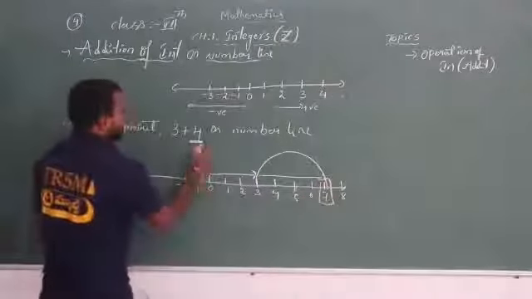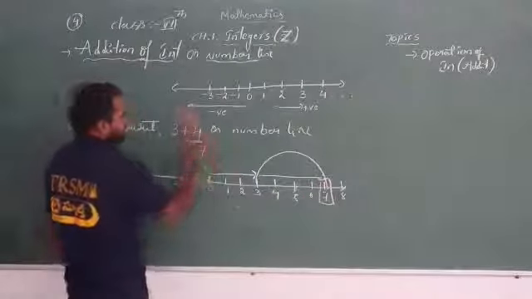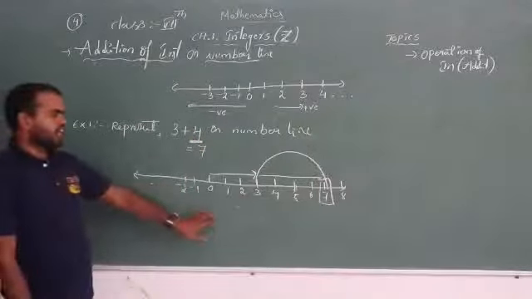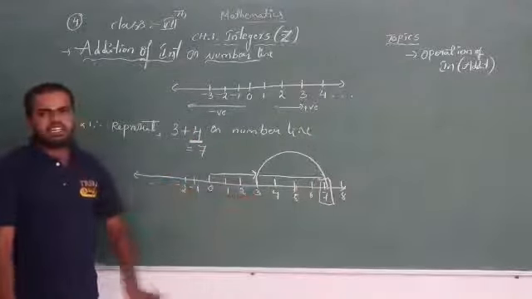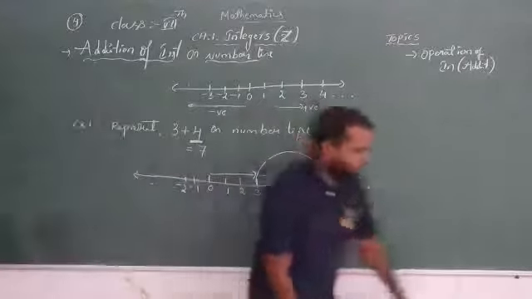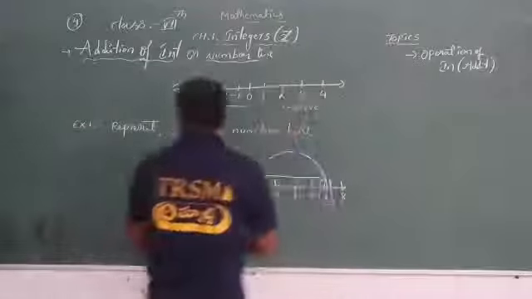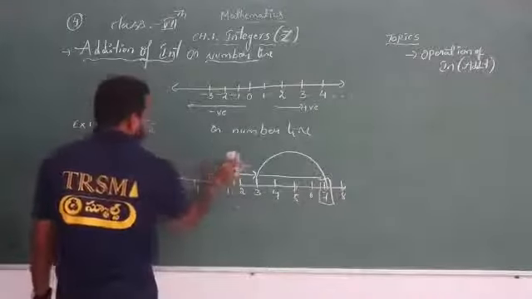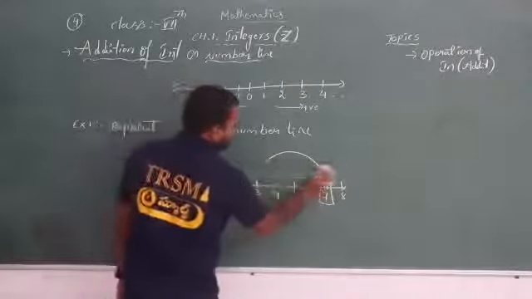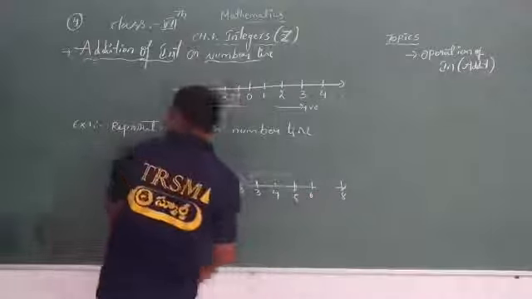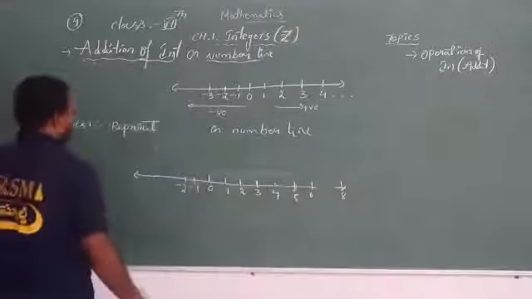So 3 plus 4 is 7. Like this, we have to add on the number line. Let's see one more example.